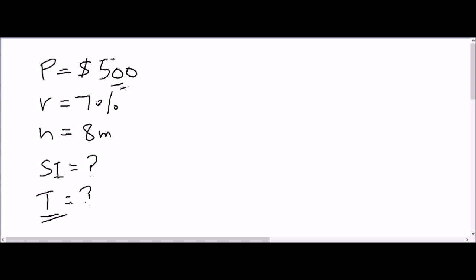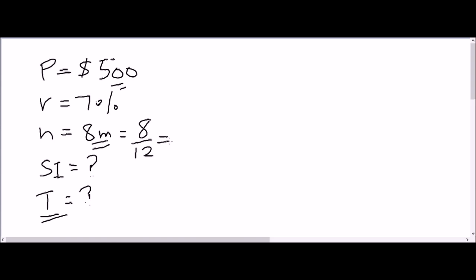Now we'll use the same formula, but here's the tricky part. The time is given as months. We need to convert that to years. So 8 months, if we had to convert it to years, we'll do 8 divided by 12, right? So why we use 12 is because there's 12 months in total, right? So in order to convert months to years, you need to divide the months by 12.